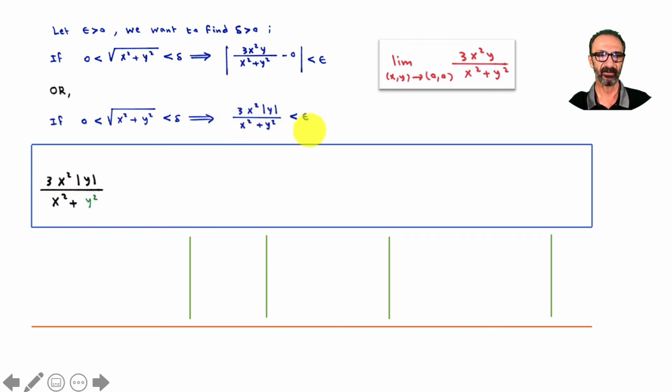This package is given to me. Let epsilon be given. We want to find delta. I'm going to start on the left. I wrote y to the second at the bottom in green. I want you to look at y to the second. Y to the second is greater than or equal to 0. We agree on it, right?